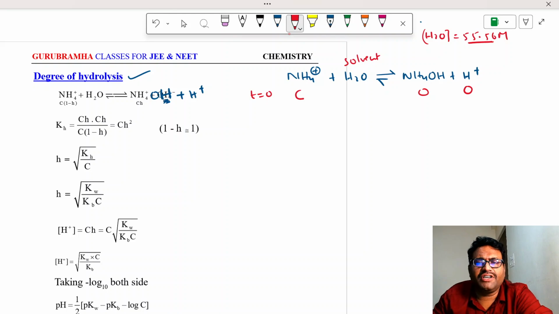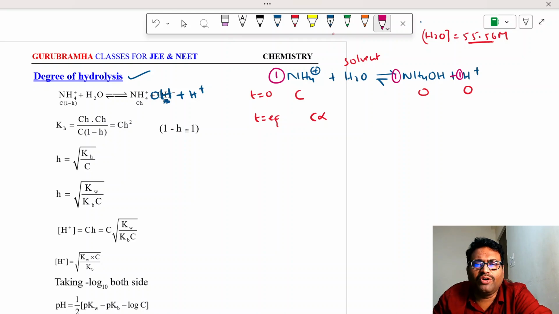As it is a reversible reaction, both forward and backward reactions occur, and at equilibrium, let C alpha be the number of moles dissociated. From the stoichiometric equation, 1 mole of NH4 plus gives 1 mole of NH4OH and 1 mole of H plus.